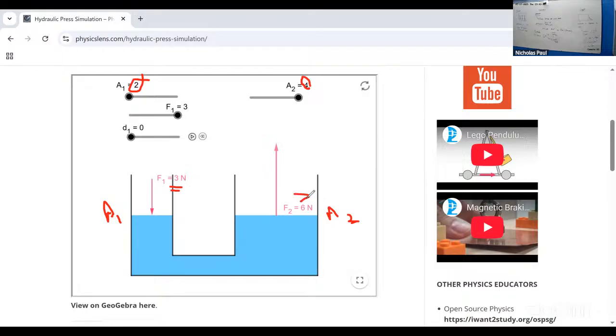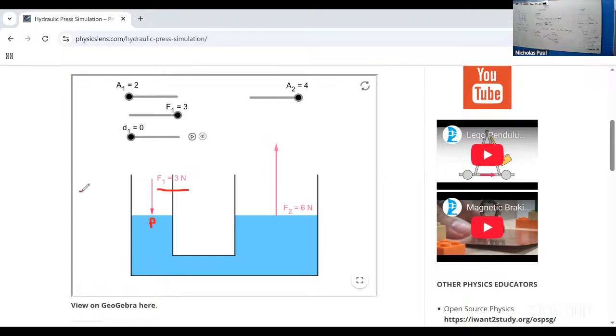What we have to be able to do is calculate why that's happening. So I'm going to use these same numbers here and show it. Here's 3 newtons. What's the pressure exerted here?